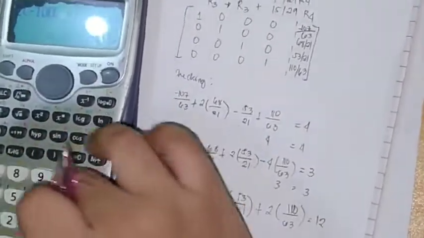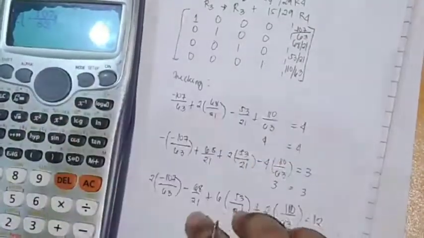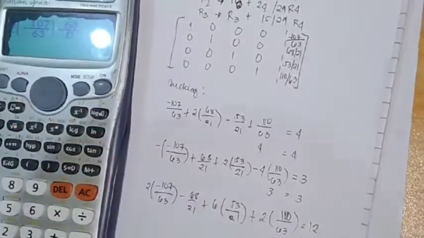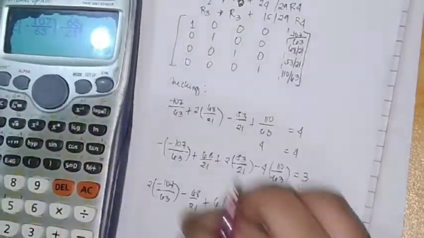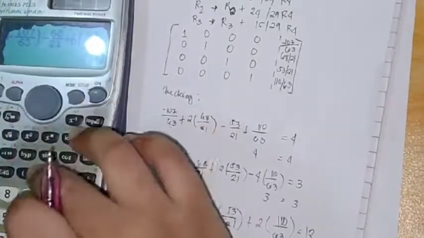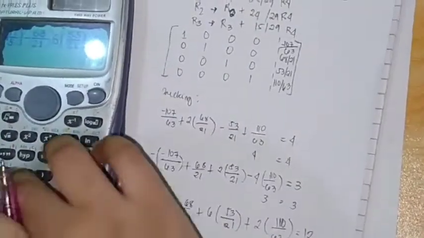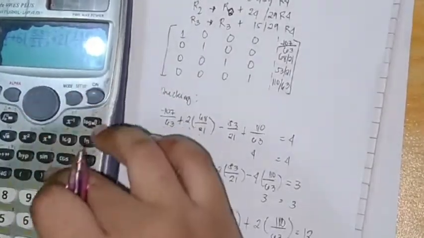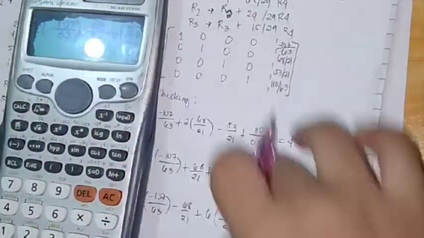So we have negative 107 over 63 minus 68 over 21 plus 6 times 53 over 21 plus 2 times 110 over 63, and this is equal to 12.